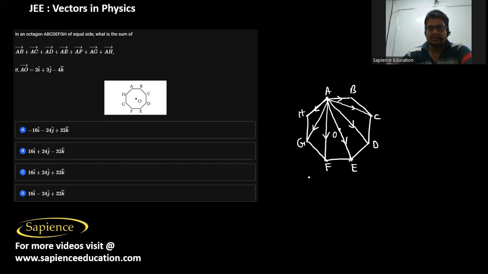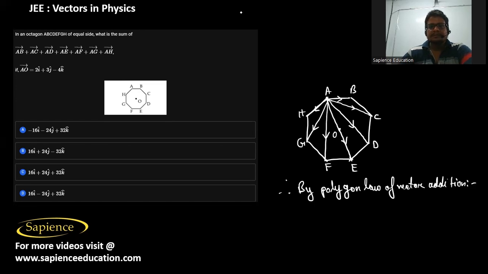So now, as you can see, by using the polygon law of vector addition, we can say that if all the vectors are taken in the same order, and then if we add them, then the resultant will be 0.